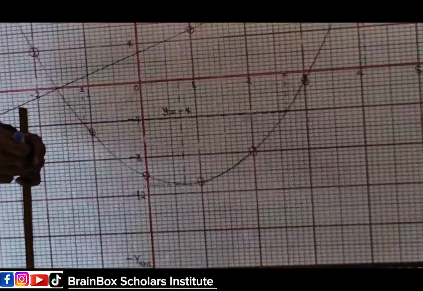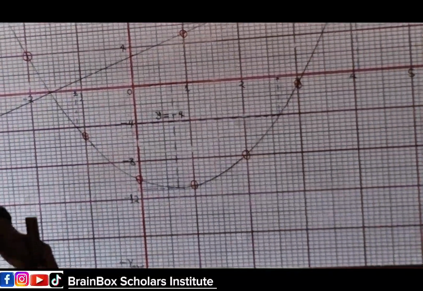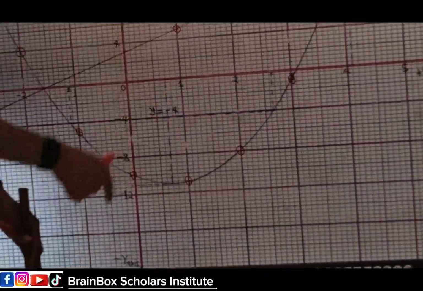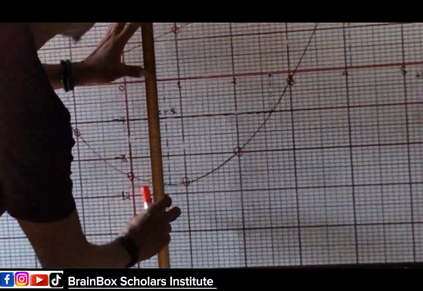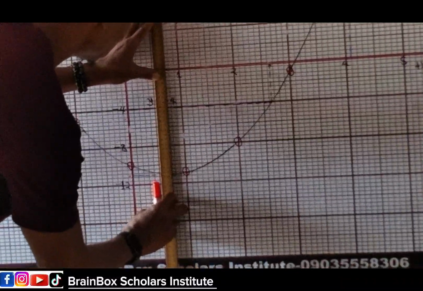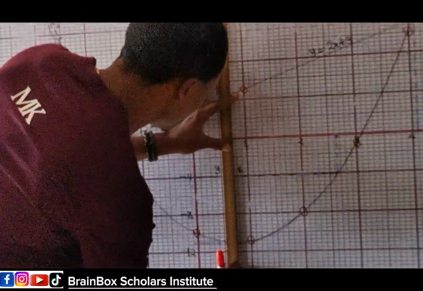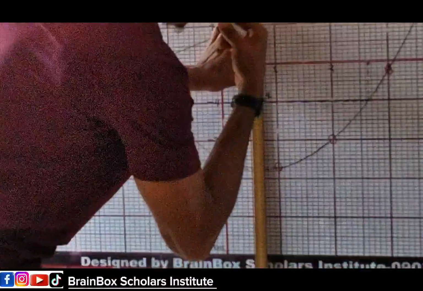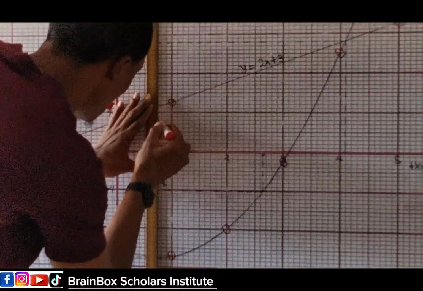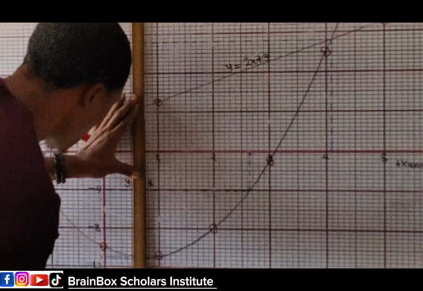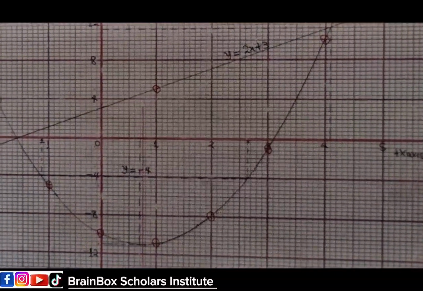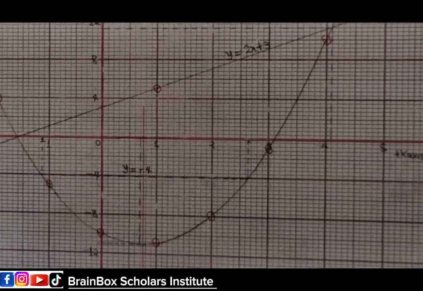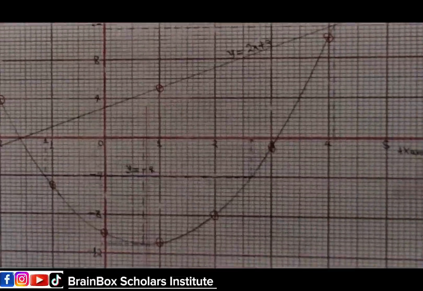Are we there? Okay. So what do I do? I will draw a line to cut the x-axis and pass through the sharpest turning point. You see that?